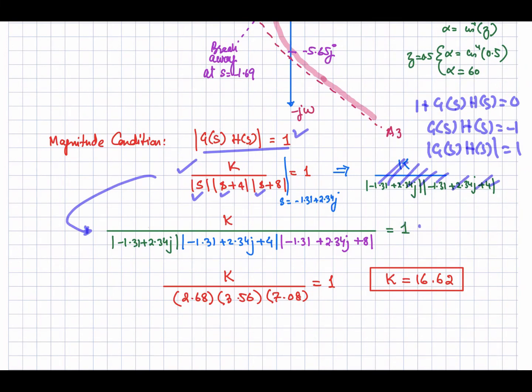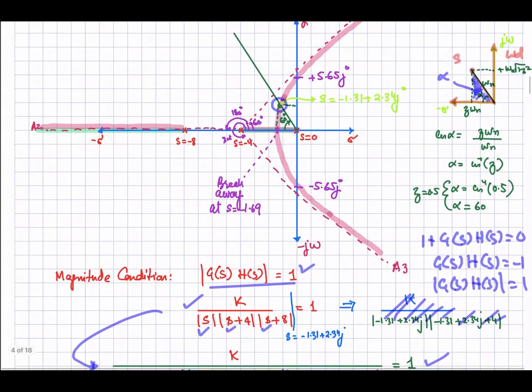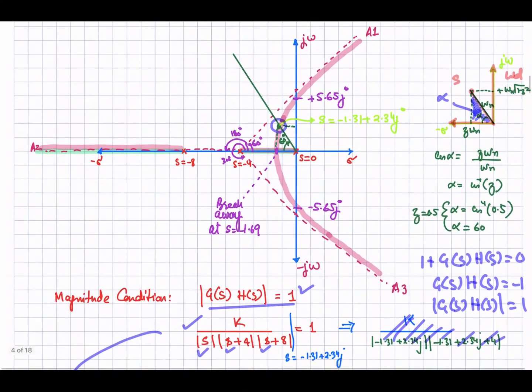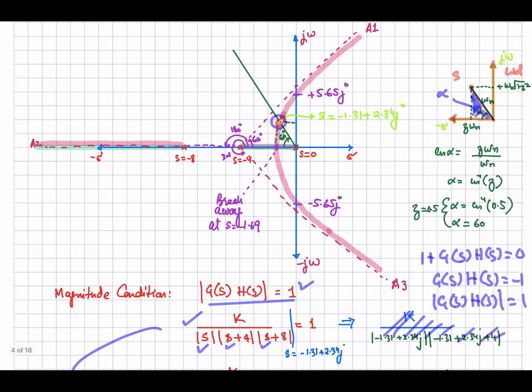This will be equal to 1, and if we simplify, we get this expression, so k will be equal to 16.62. So if our gain is set to 16.62, our closed loop pole will be at this point. When we change the gain from 0, at gain 0 the position is the open loop poles.